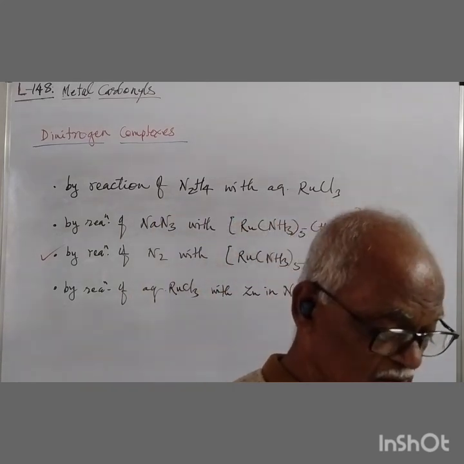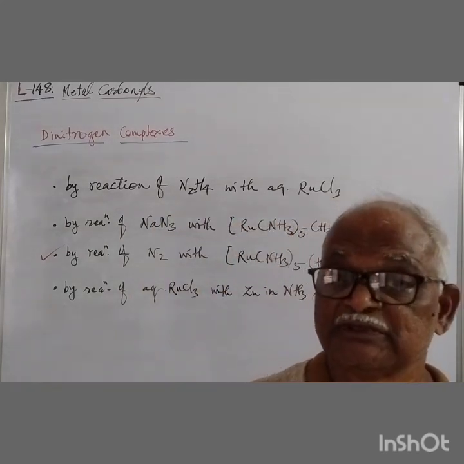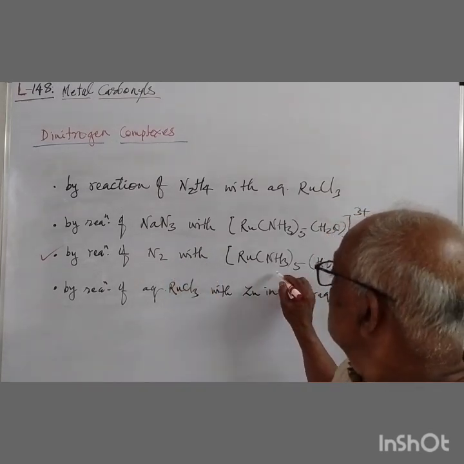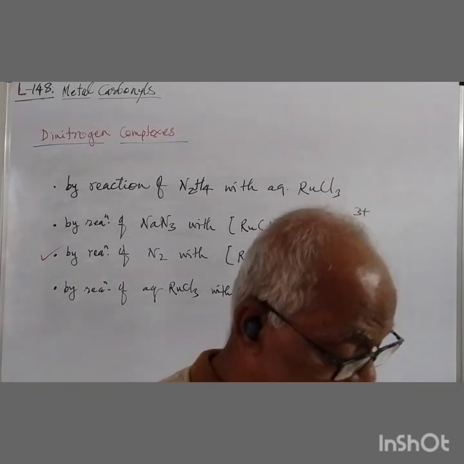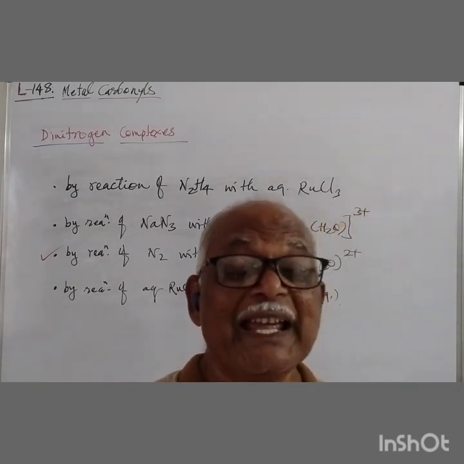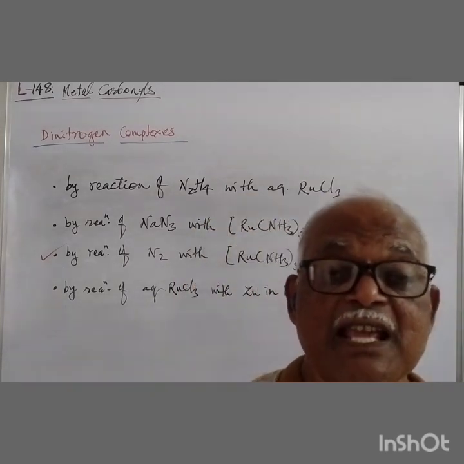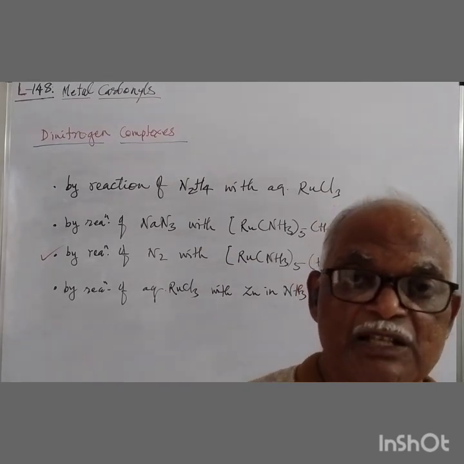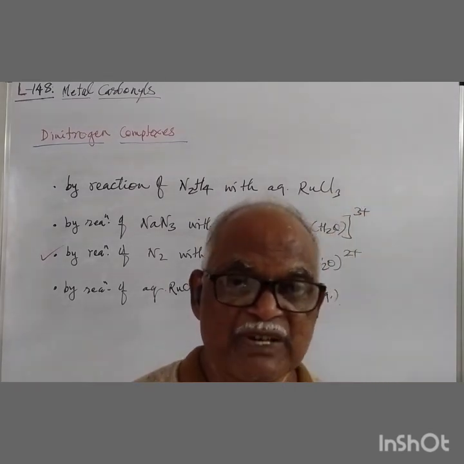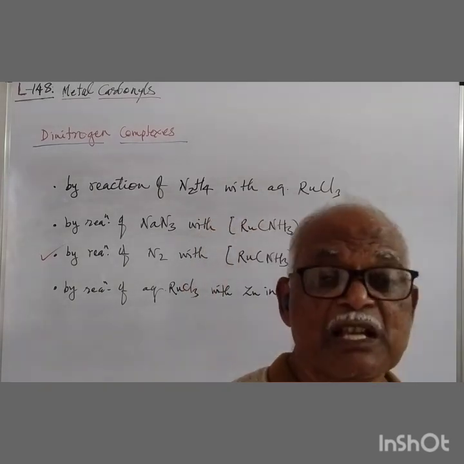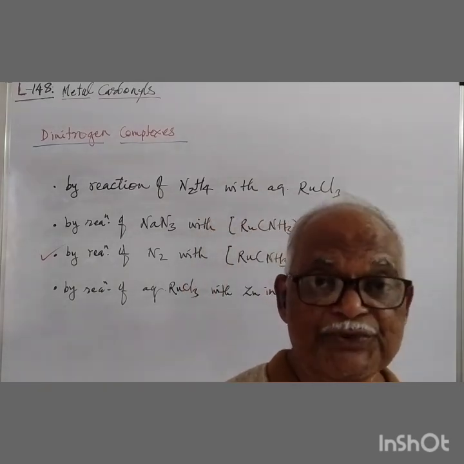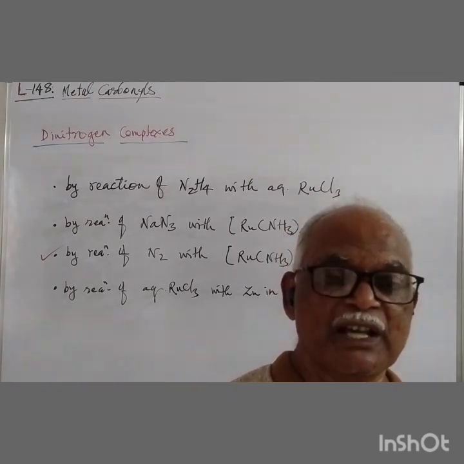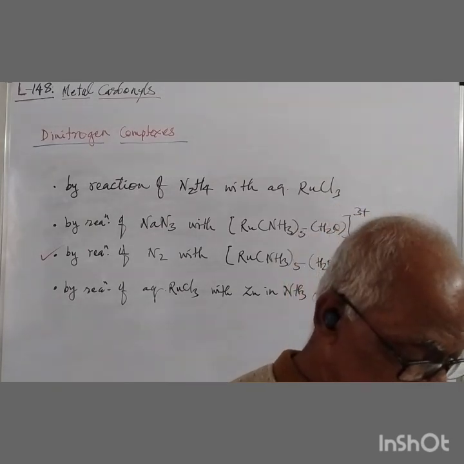But later on, systems were developed to convert nitrogen into ammonia or N2H4 by catalysis using metal compounds in low oxidation state. Generally these low valent metal compounds are used to convert nitrogen into ammonia or N2H4.